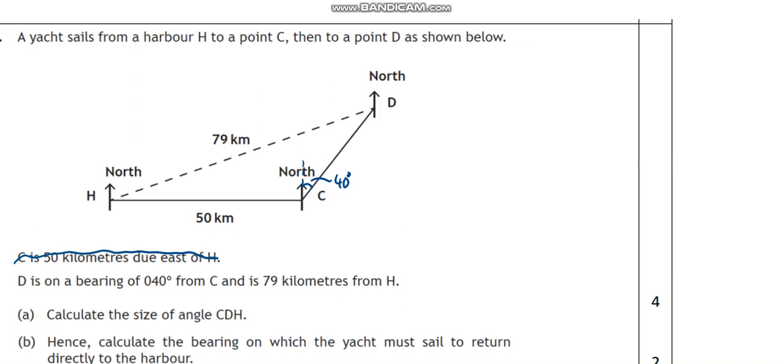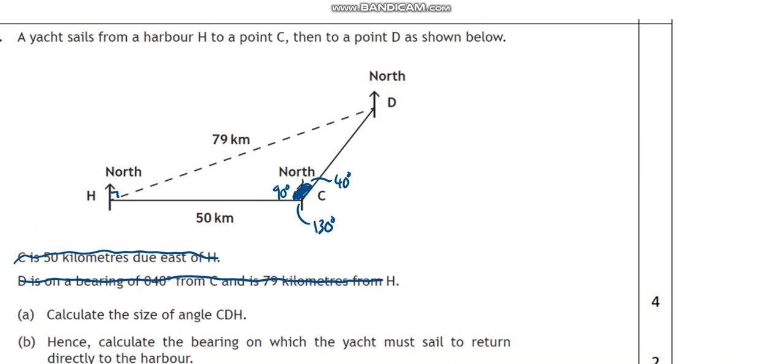So that's 40. And that's interesting. If that's 40 and we know that this one was 90, that makes that 90 as well. So now I know this entire angle is going to be 130 degrees. I'm just going to write down 130 degrees for that full angle in there.